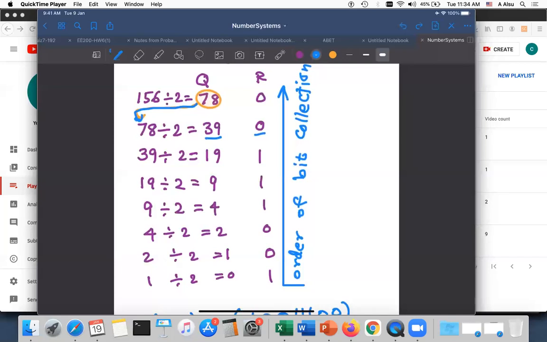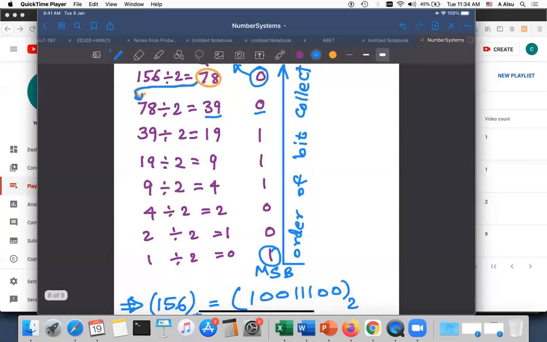The order in which we collect the bits is from bottom to top. This is going to be your most significant bit, and this is going to be your least significant bit.